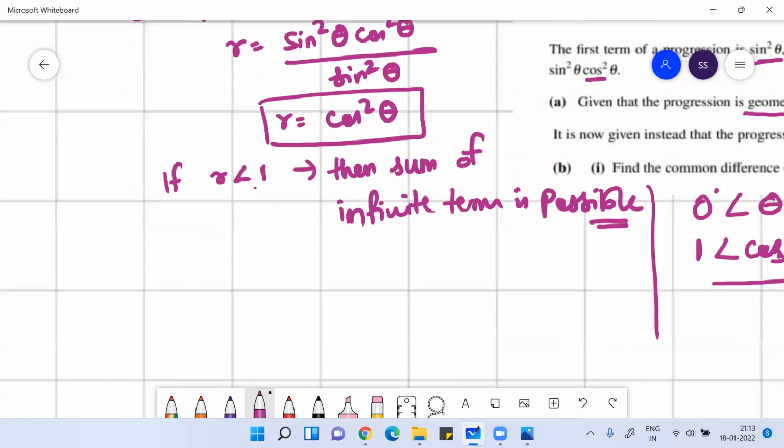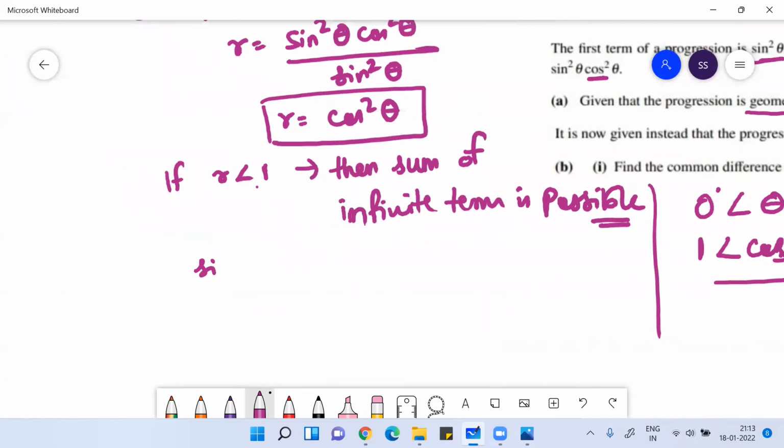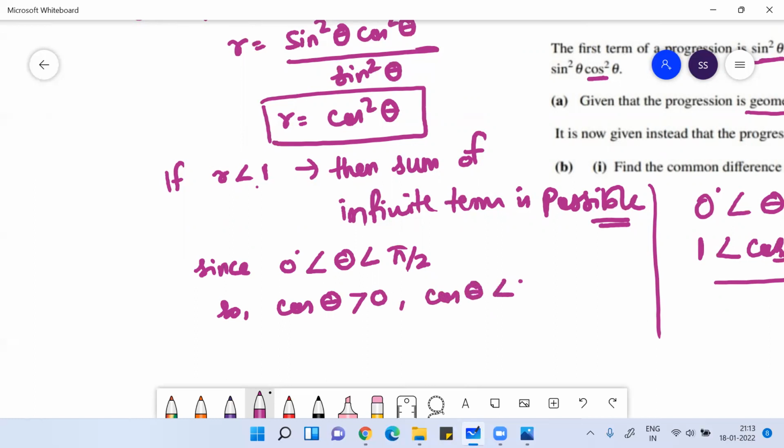Since theta is between 0 and 90 degrees, the cos theta value will be greater than 0 and less than 1, because cos 90 degrees is 0 and cos 0 degrees is 1.